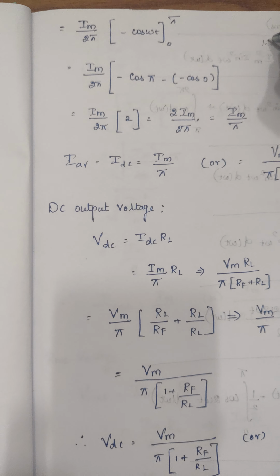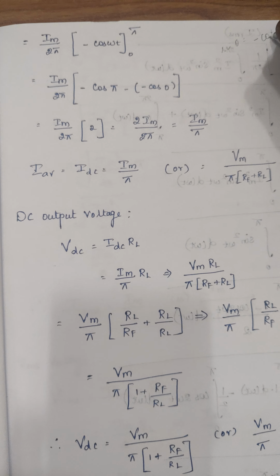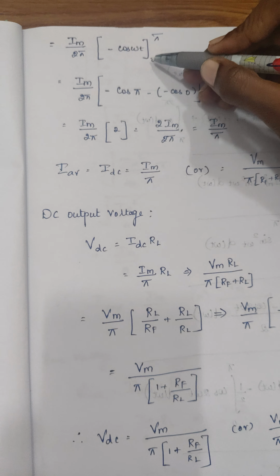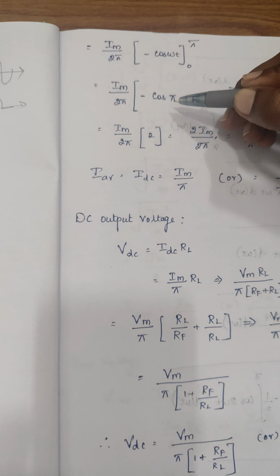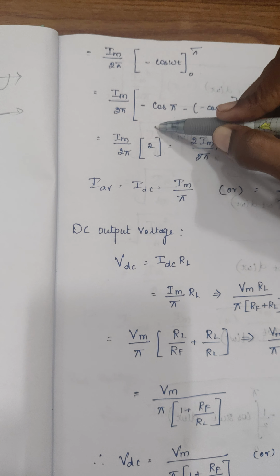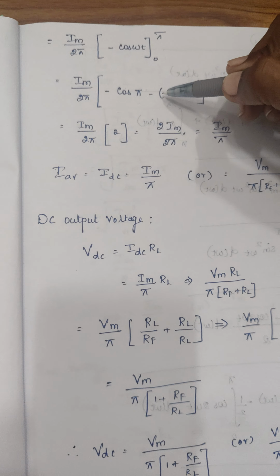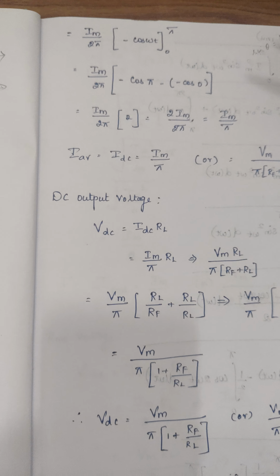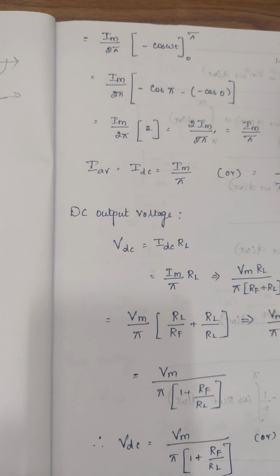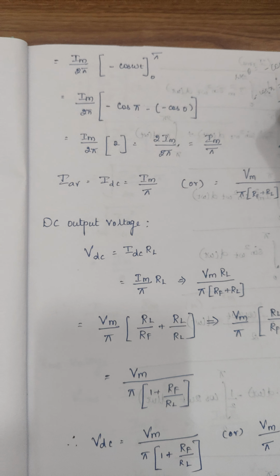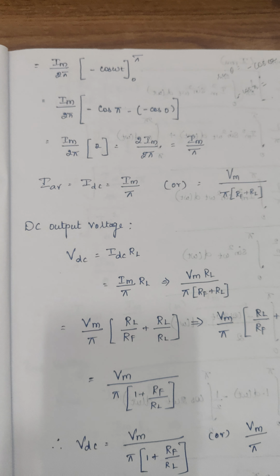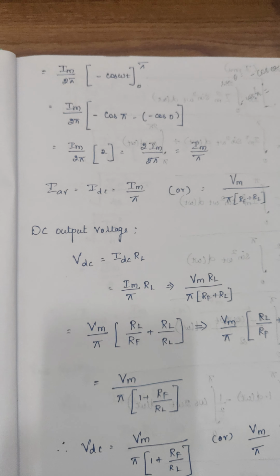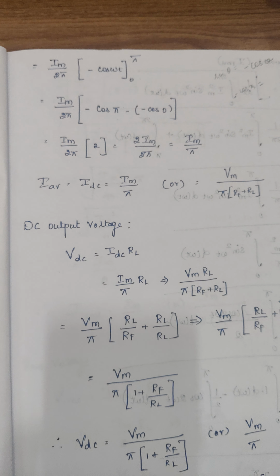The integral of sin theta is minus cos theta, right? So minus cos omega t from 0 to pi. Substituting the values: Im by 2 pi times minus cos pi minus of minus cos 0. You need two values, the cos pi value and the cos 0 value.